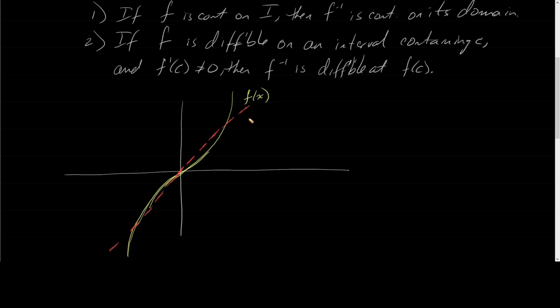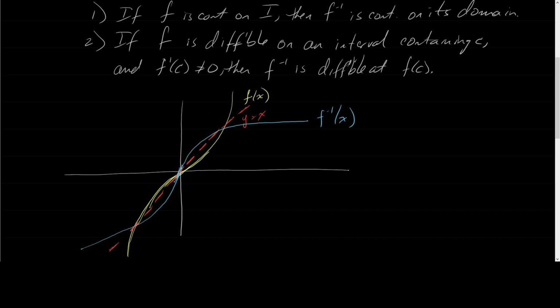So here, this dotted line is y equals x. Since they're symmetrical about that line, this is what f inverse is going to look like, something like that. That in blue would be our inverse, f inverse of x.